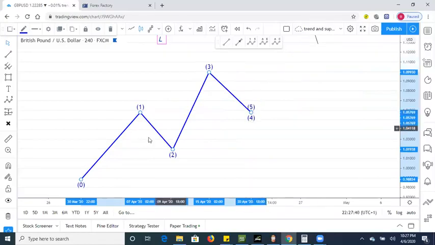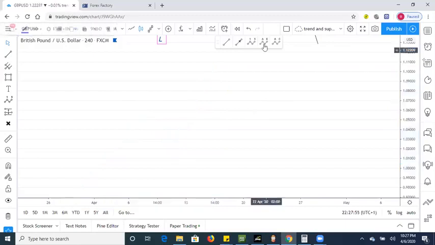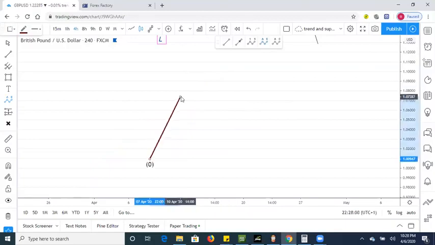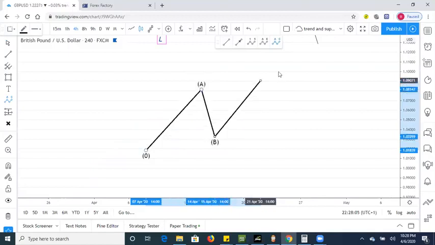In the higher time frame, we might be having something that looks like this, you know, consecutive highs, consecutive lows, right?